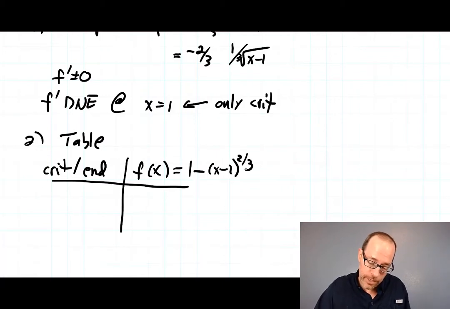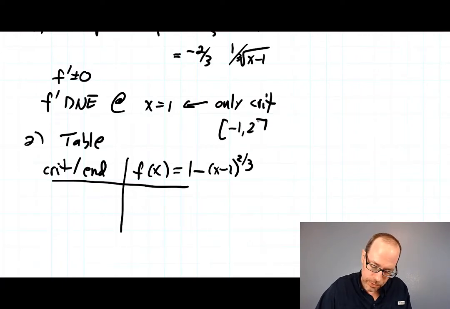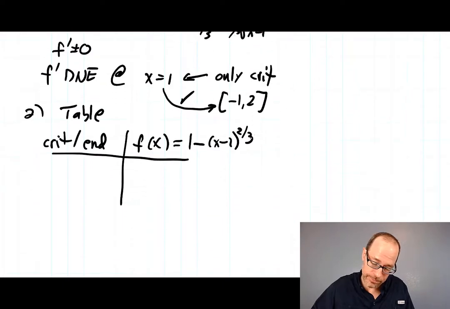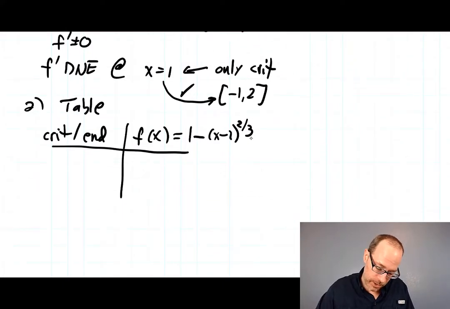Oh, by the way, remember the interval we cared about was -1 to 2. So 1 is in there, so we definitely want to keep it. If the critical point weren't in there, we wouldn't include it on the table. All right, so the critical point was 1, and the endpoints were -1 and 2, so we have to plug everything in here.